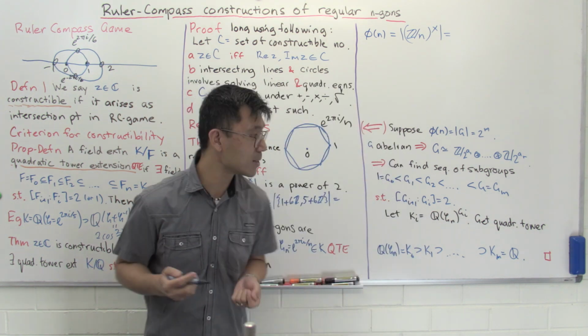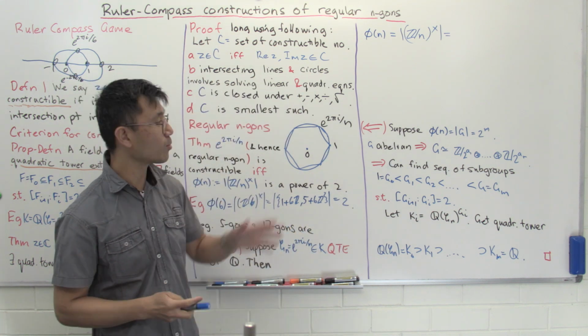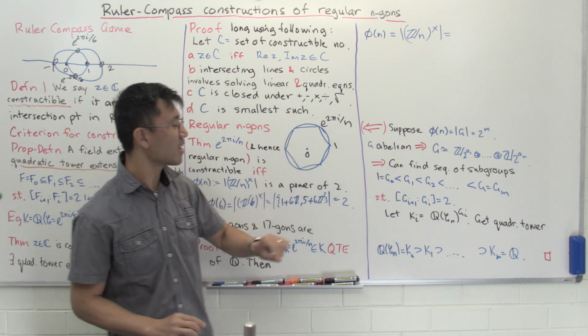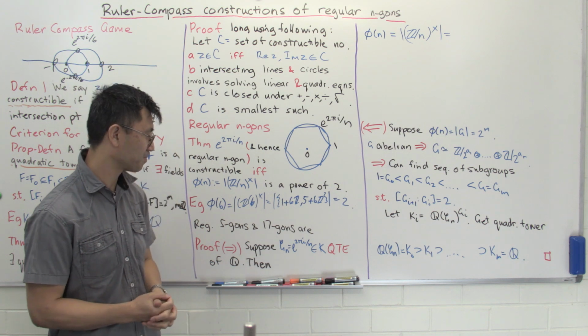And so there are only 2 elements in there, so that's 2. That's a power of 2, and so we know, without having to do any actual ruler and compass constructions, that the regular hexagon is constructible by ruler and compass.